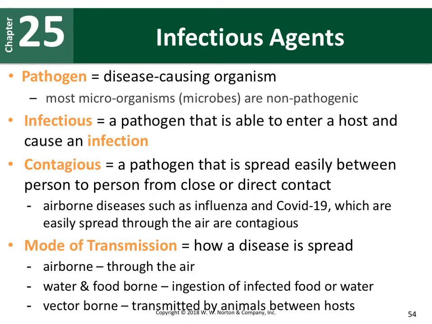So, an infectious pathogen is a pathogen that is able to enter a host and cause a disease. Okay, that means it's infectious. It gets into a host, into us, causes disease. Contagious means a pathogen that is spread easily from person to person by close or direct contact.